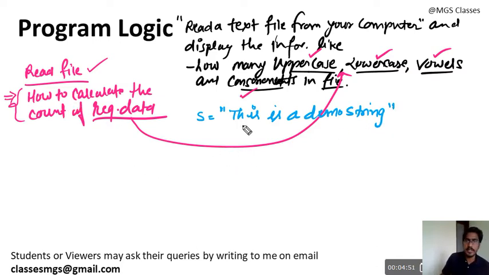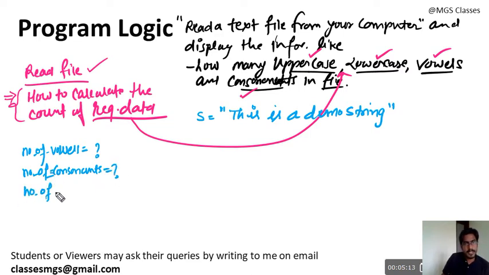First we will calculate the number of vowels in this string. How many vowels are there in this string? Then the number of consonants. Then we will discuss the number of uppercase letters, and then the number of lowercase letters.